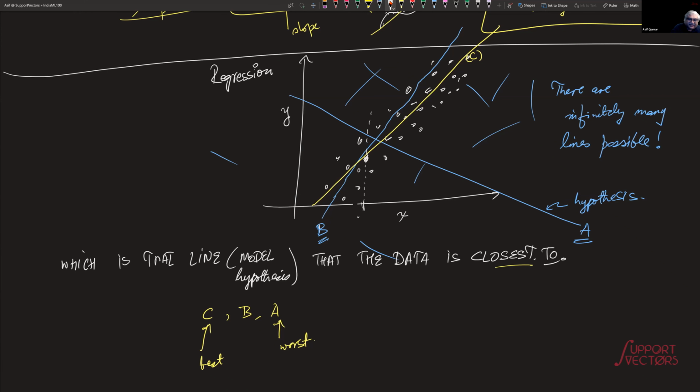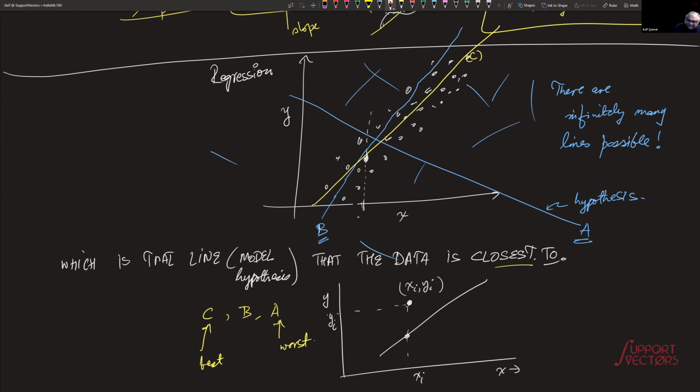Let's say the data is here. You have a data point xi, and this is xi, yi, because this is your y axis. So this is yi. This is your x-axis.